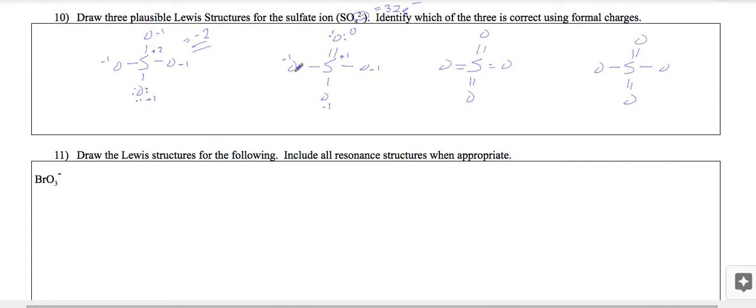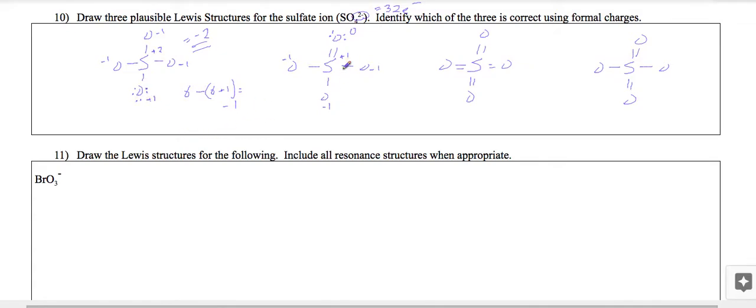Oxygen has 6, minus the number of electrons and bonds that are on it. So if we go back to this one as the example, oxygen starts with 6 valence electrons, minus 1, 2, 3, 4, 5, 6 electrons, and a bond. Gets us -1. So that's where that -1 comes from.